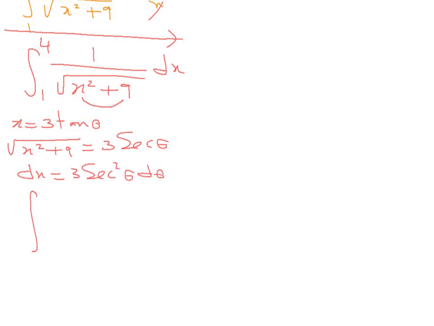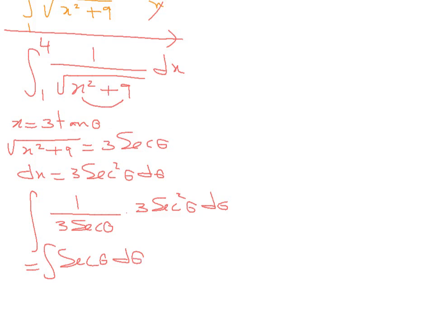Let us do the integration without the limits. We are going to replace x at the end. So this will be 1 divided by 3 secant theta, and dx is 3 secant squared theta d theta. This is equal to the integration of secant theta d theta, which is ln secant theta plus tan theta.